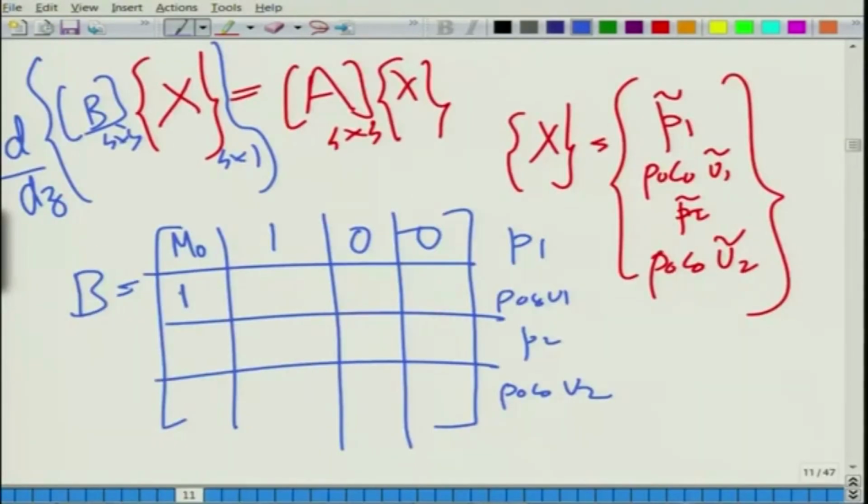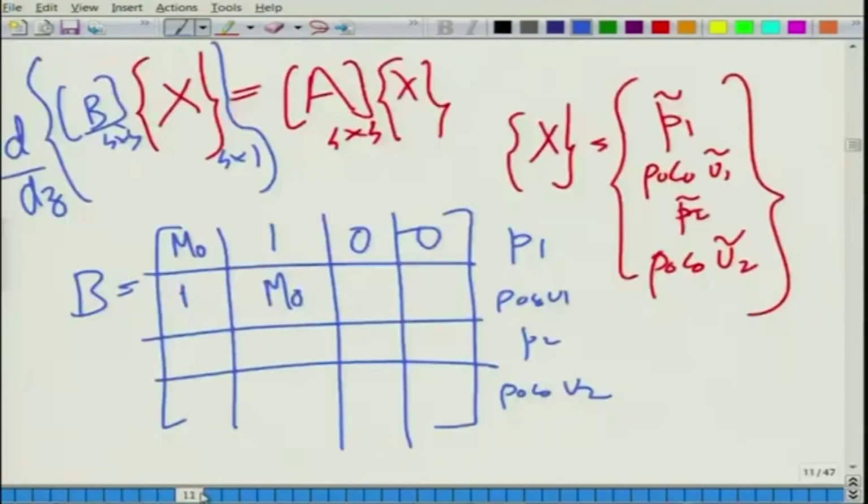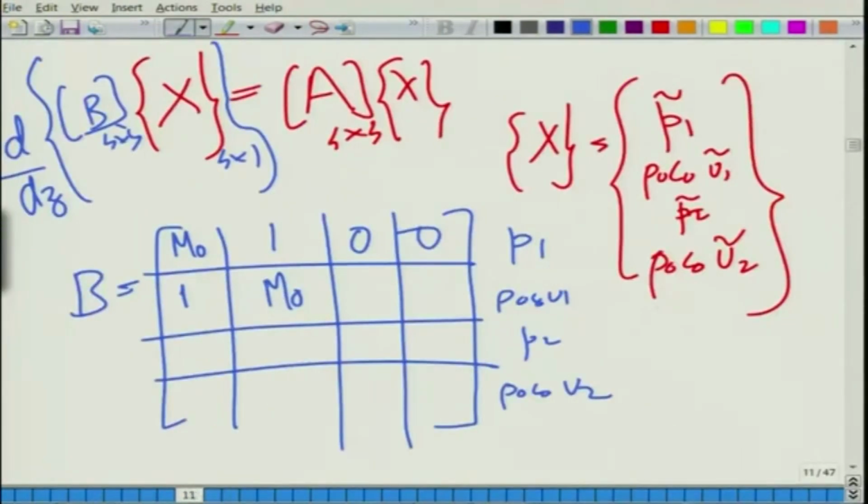So, this will become 1 and this will become m naught. Going back to slide 8, these two terms are there, and rho naught c naught u1 is sort of one variable, and this guy anyhow will be transposed to the other side. That is how we get your minus j k naught here, but in this you have your m naught.